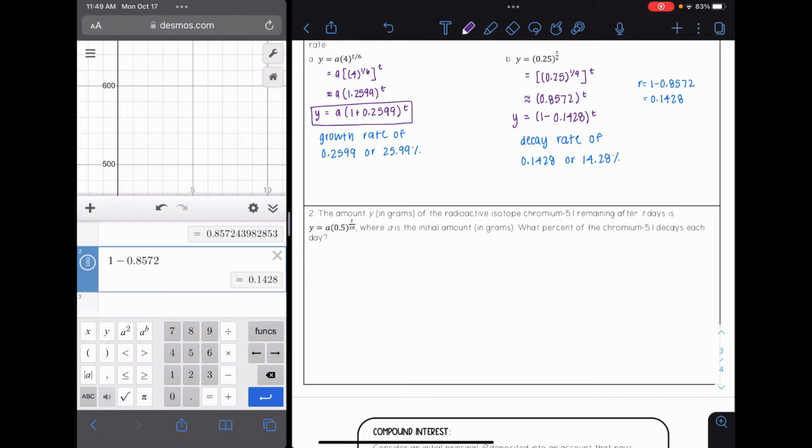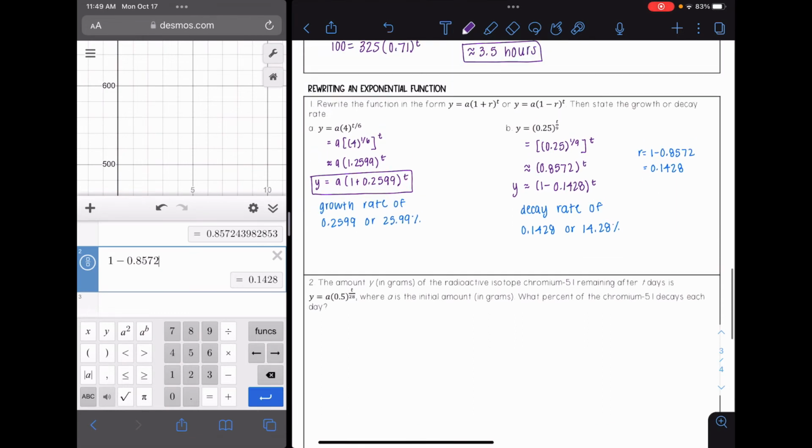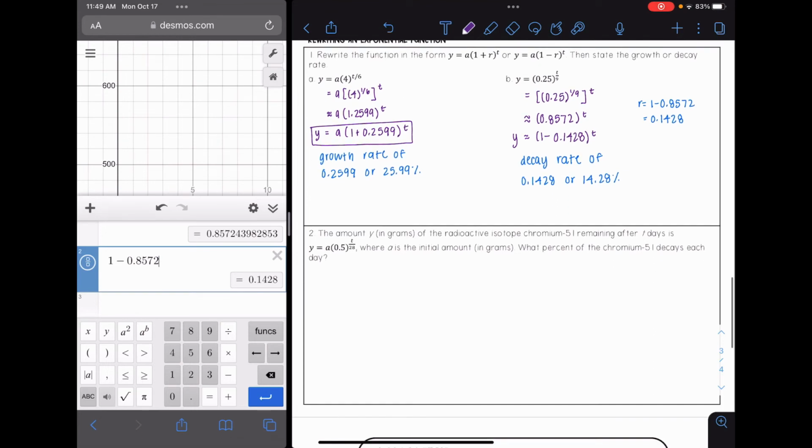For this one, we know that the rate is going to come from that 1 plus or 1 minus r, and that r is our rate. However, this isn't written in that form. So we're going to have to do the same steps that we did in number 1 to rewrite it in that form so that we can know what that decay rate is.